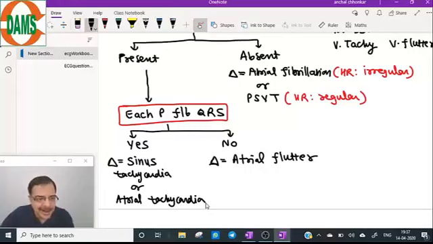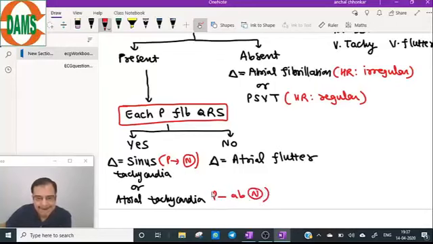If the atrial tachycardia origin is near the SA node, you can't differentiate on the ECG. But if it is not near the SA node, the differentiating point is that in sinus tachycardia the P wave is normal, and in atrial tachycardia the P wave will be abnormal.